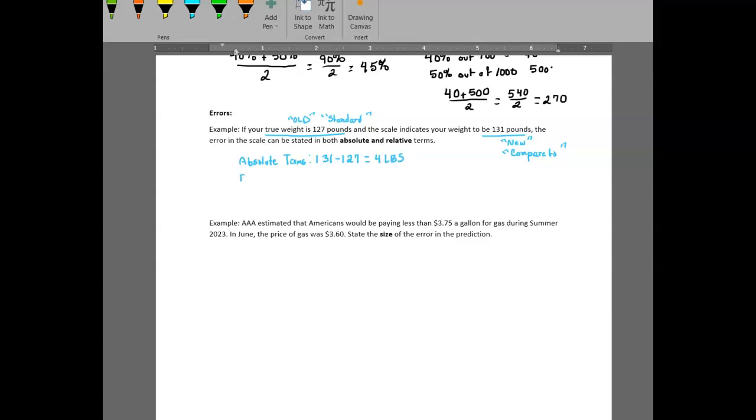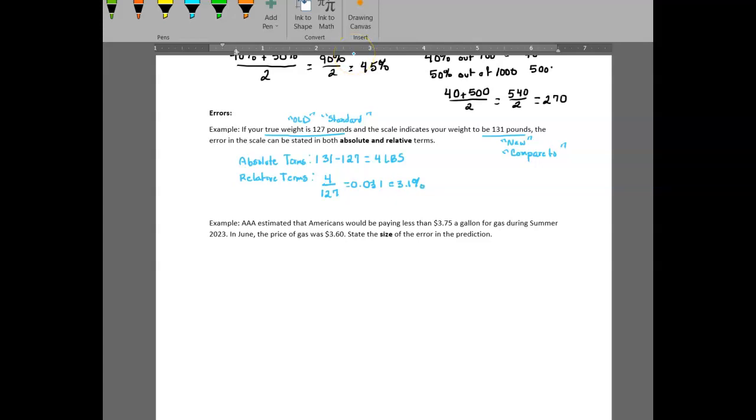And in relative terms, we have 4 divided by our old value or our true value or our standard value, which is 127, which gives us 0.031 or 3.1%. This again is the size of the error.